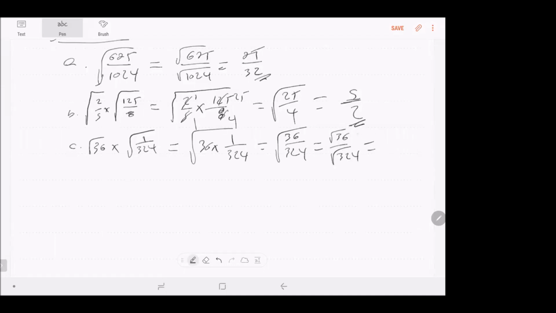When we extract from the square root, 36 gives 6 over 18. When we cancel out, by 6 it is 1 over 3. So we can simplify a square root expression like this one.